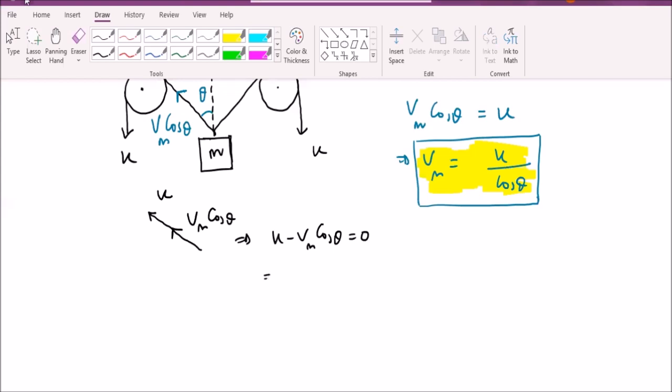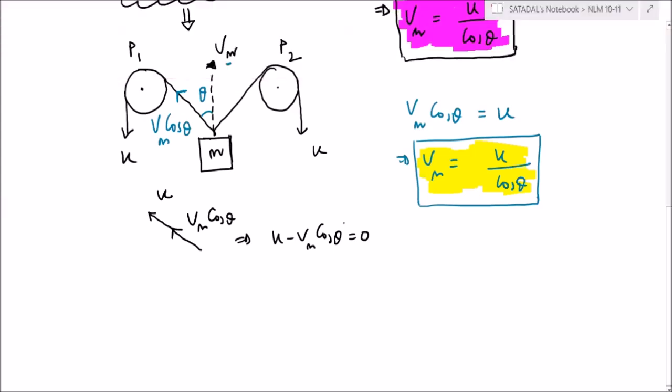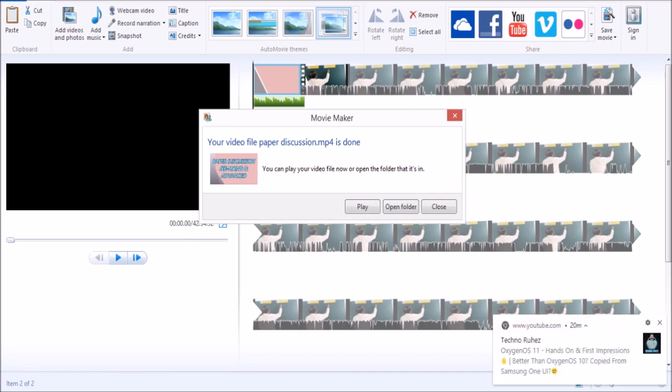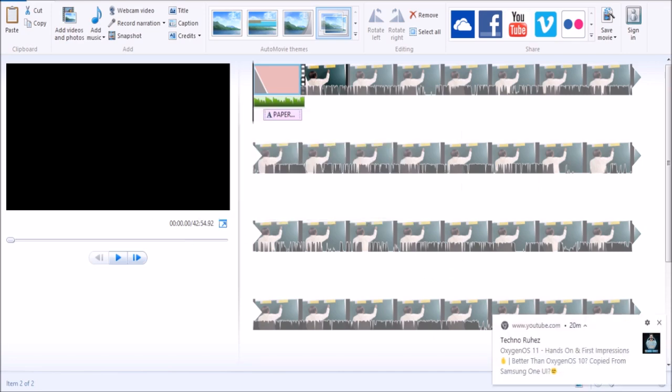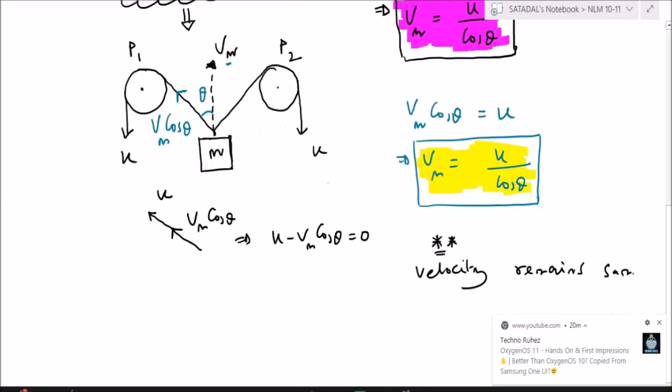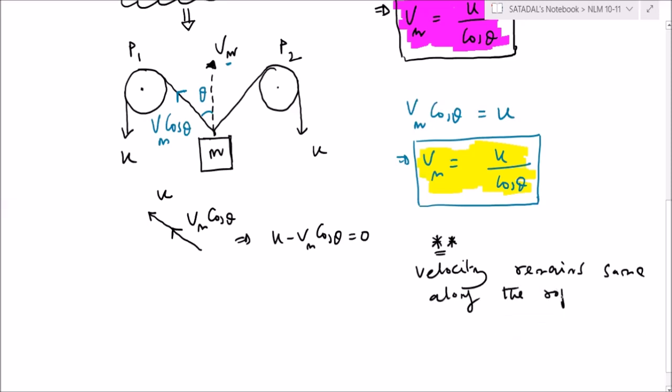Next I am going to tell you, even we will not do this relative and all this kind of stuff. Now I am writing another straightaway concept, that is velocity remains same along the rope or rod. So now you should remember this concept, that velocity remains same along the rope or rod.